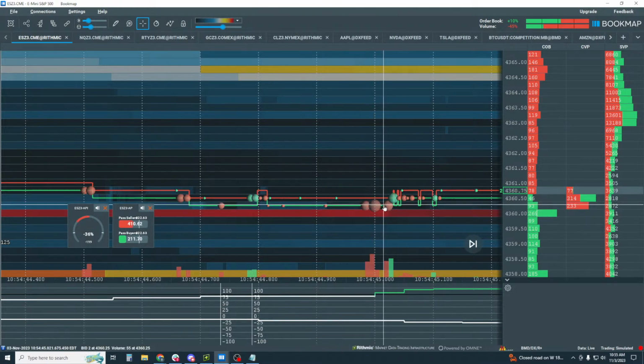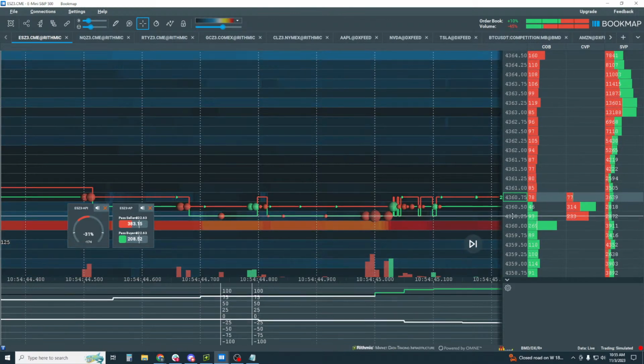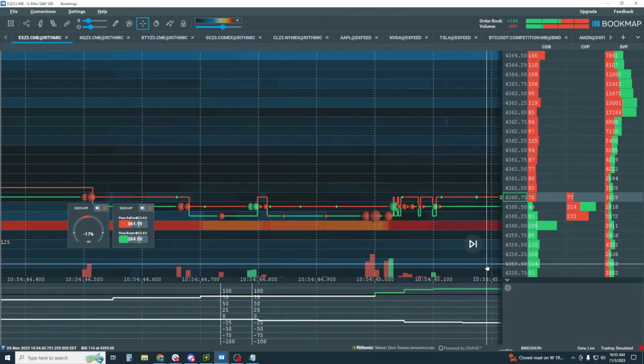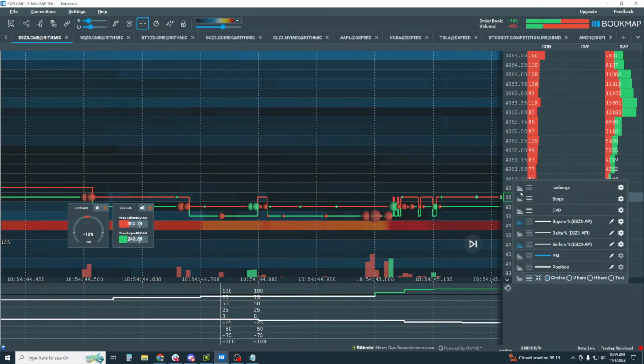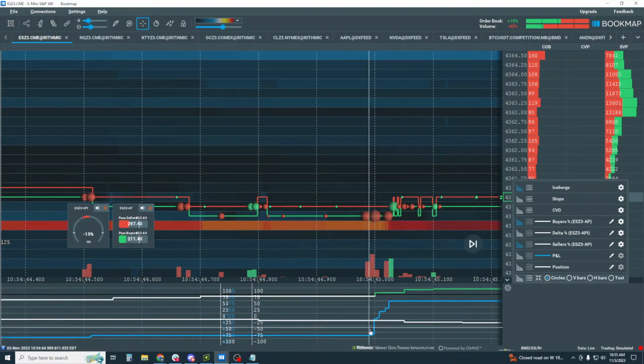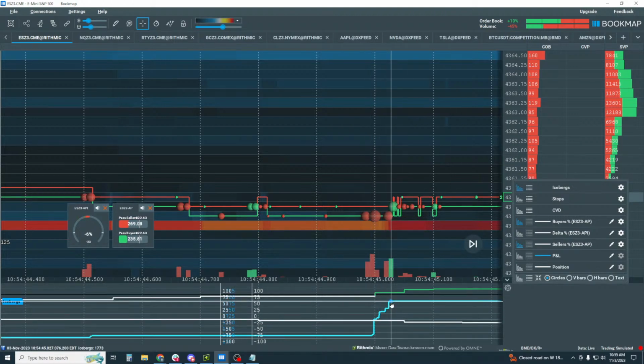And we see a lot of absorption. Now, how did that happen in here? How can there be massive absorption in here, and it didn't even trade into an area of high liquidity? Okay, there's got to be an iceberg in here. If I look that up, here it is here. The stops and icebergs captures all of that as well, or the iceberg indicator does.